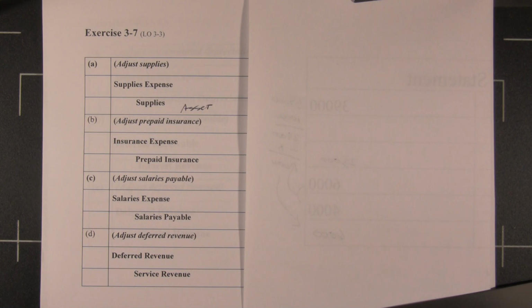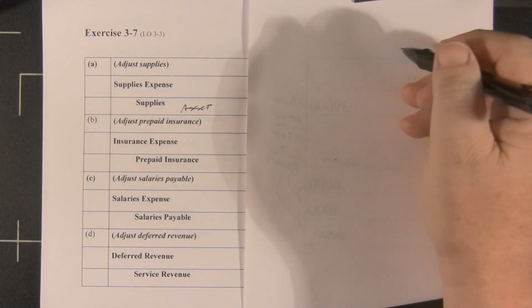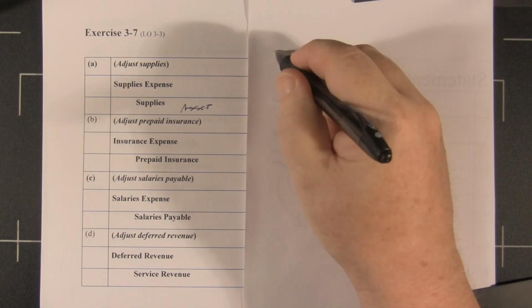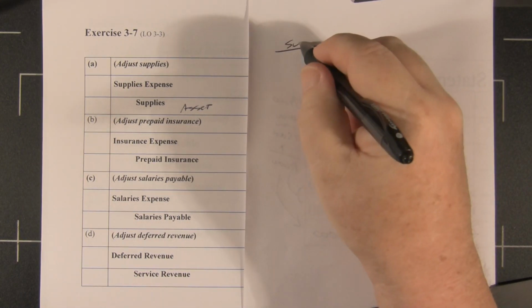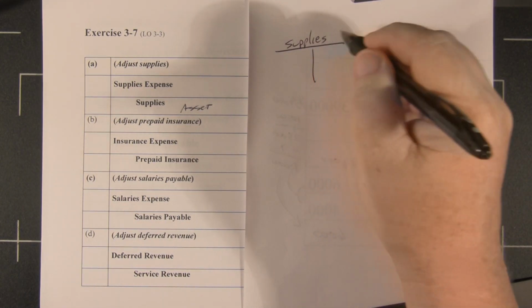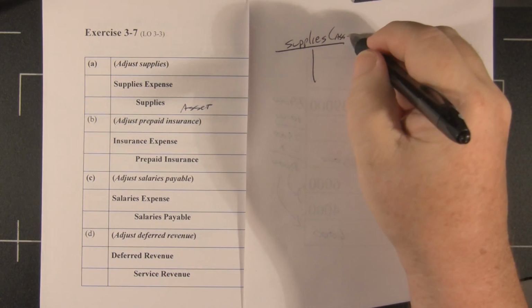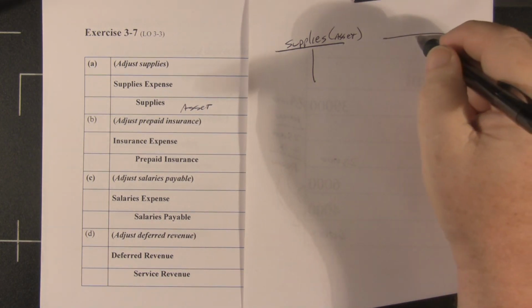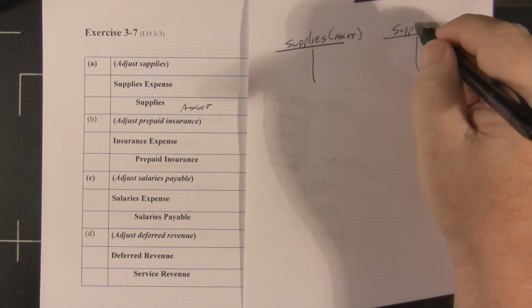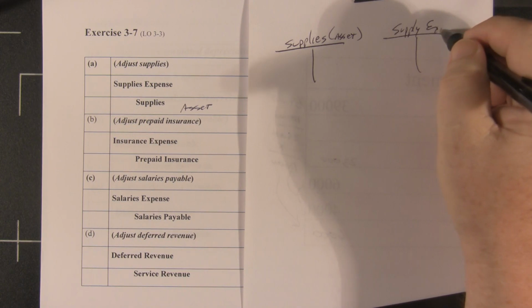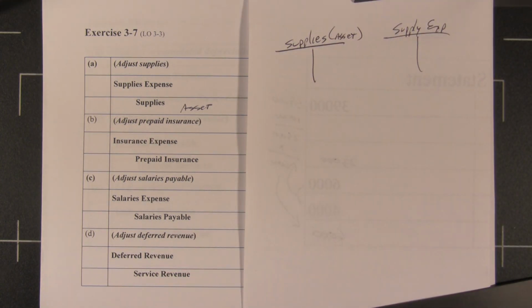So let's get started. And of course, when we do these, the easiest way to do these is with T accounts. So let's take a look at our supplies. That's supplies, that's our asset account. And that's linked over here to our supply expense account. You got to make sure you get the last names of these accounts.